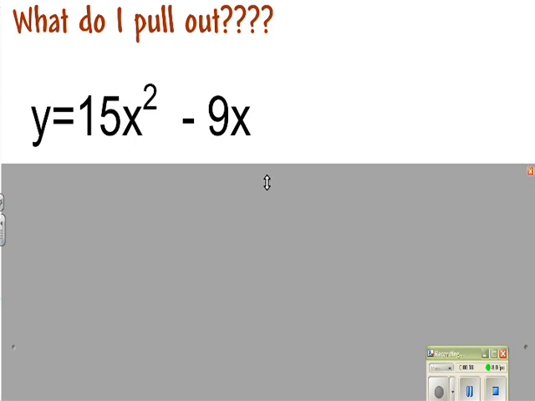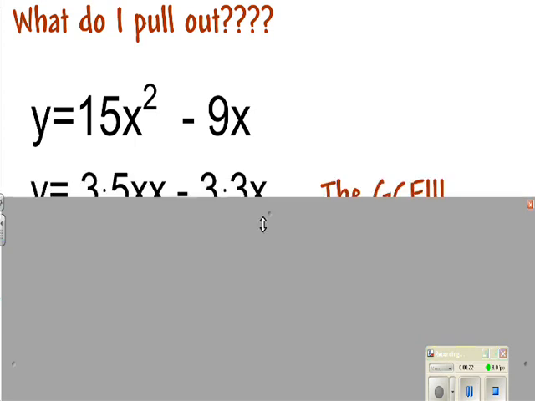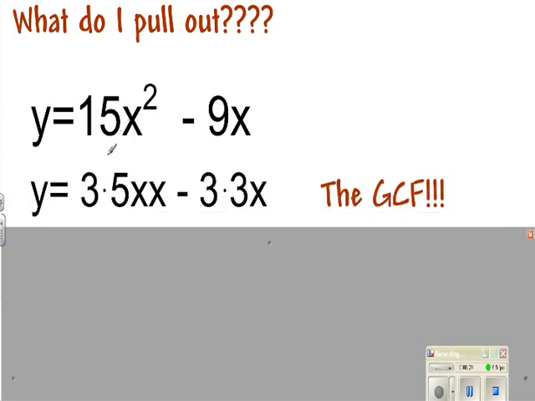So what I'm proposing we do is factor each term. 15 is 3 times 5. Those are your prime factors for 15. Make yourself a little tree, that's all you're going to get out of it, a 3 and a 5. And the x squared is x times x. Then we're going to subtract, here's our other term, 3 times 3 is 9, and an x.